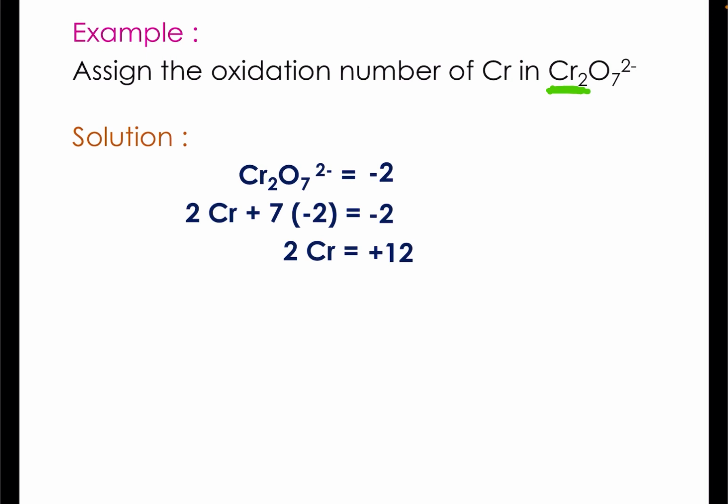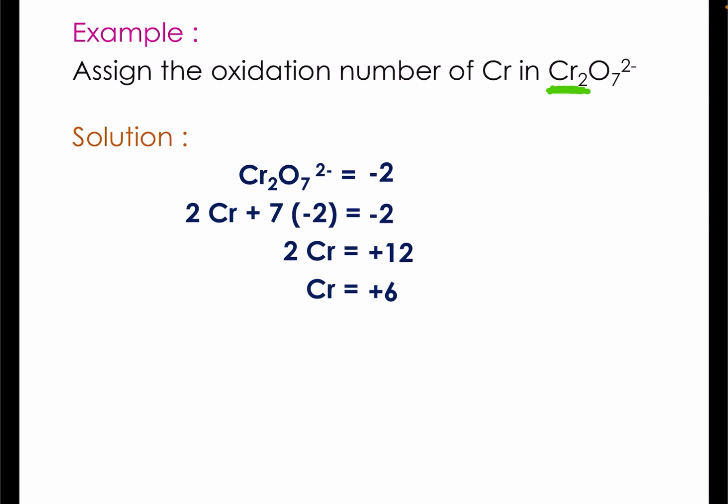Positif di sini bermaksud dia donates electron. Okay, sebab tu awak kena bawa positif until the end. And now, I want to calculate for 1 Cr sahaja. So, how to do that? 2 here, awak kena divide lah. So, that's why you will have oxidation state for chromium in Cr2O7 2 minus is positive 6.